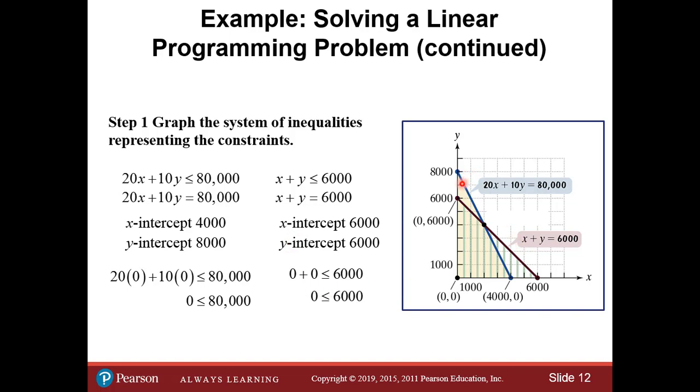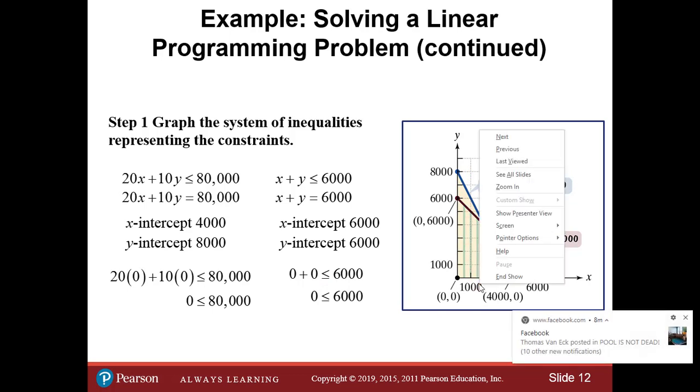So now, if we look at the regions, where do they overlap? They overlap right in here. So guess what our feasible region is going to be?